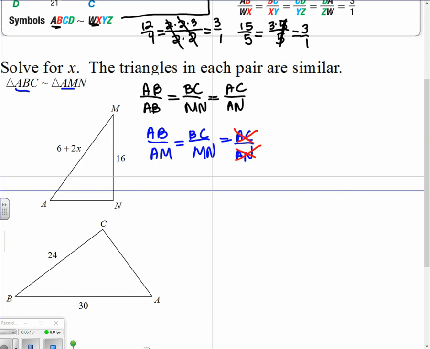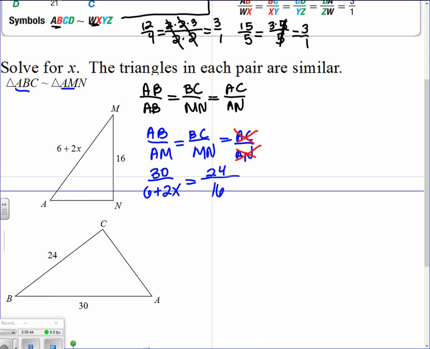Now plugging the values, the length of AB will be 30. The length of AM is 6 plus 2x. And what is the length of BC? BC will be 24, and that is to MN, which is 16.